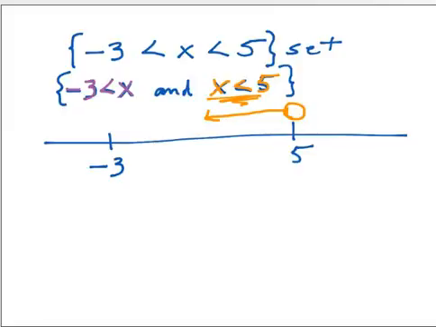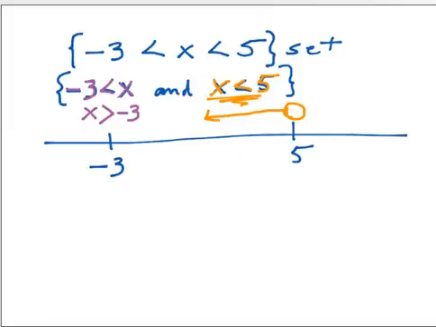Now some people really struggle with this, so let me recommend, if you would like, to go ahead and switch it, because this says the exact same thing. But because of the way it's pointing, people seem to have an easier time. This means numbers bigger than negative 3.